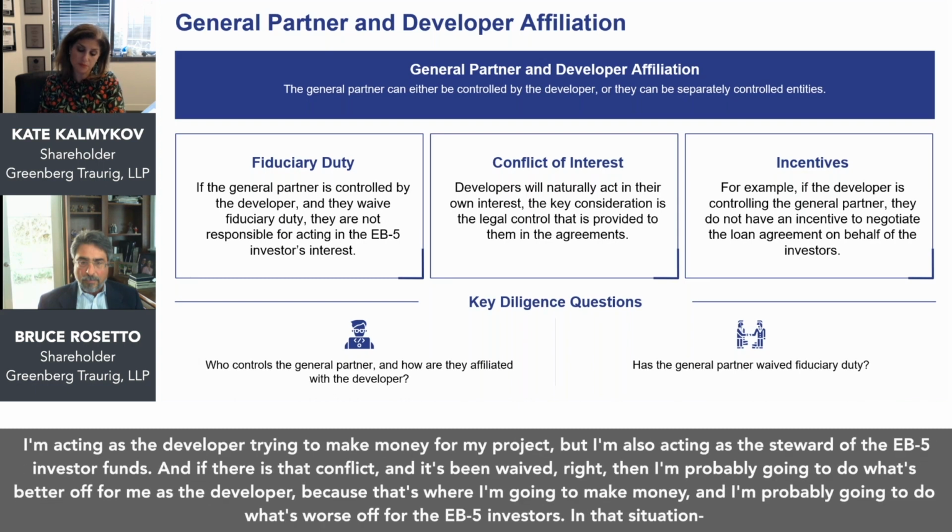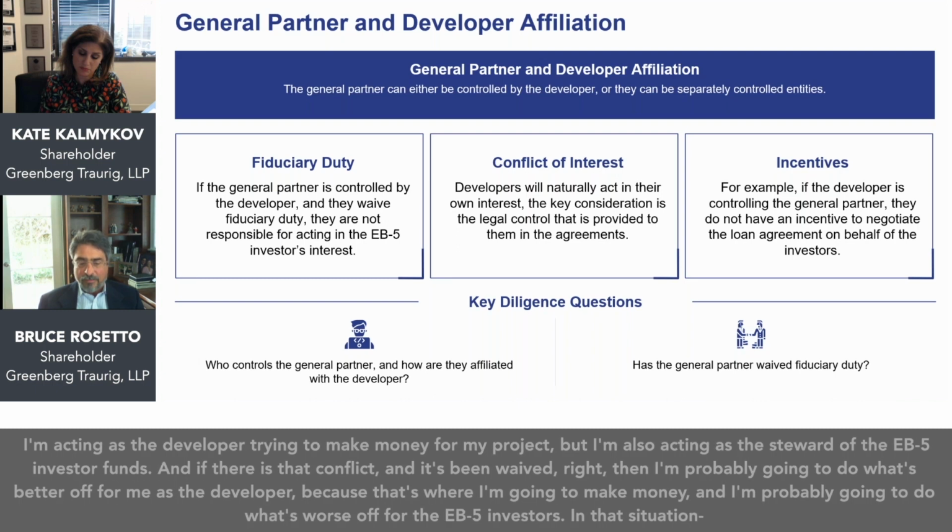So I'm acting as the developer trying to make money for my project, but I'm also acting as the kind of steward of the EB-5 investor funds. And if there is that conflict and it's been waived, right, then I'm probably going to do what's better off for me as a developer, because that's where I'm going to make money, and I'm probably going to do what's worse off for the EB-5 investors.